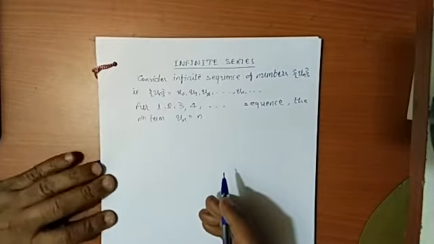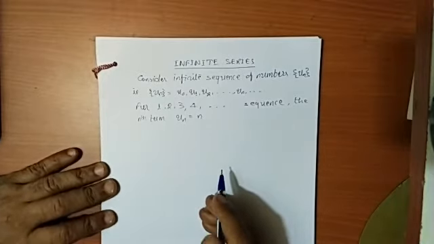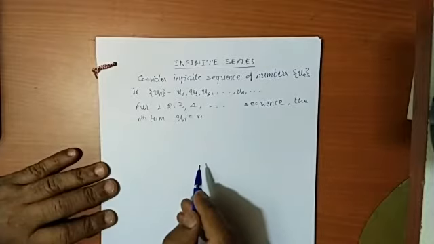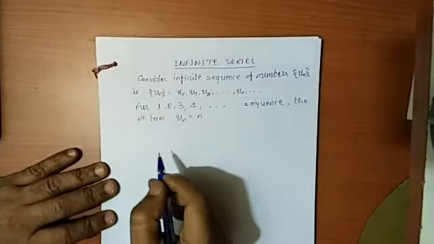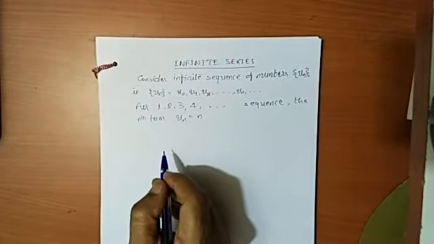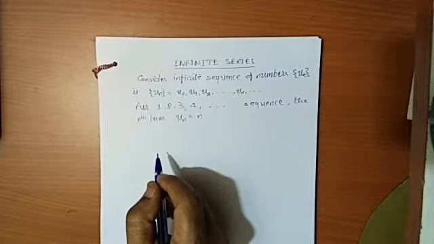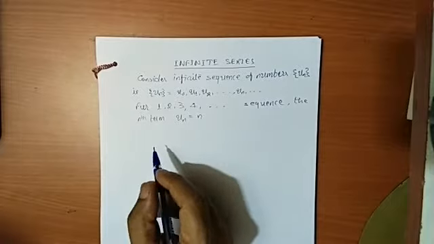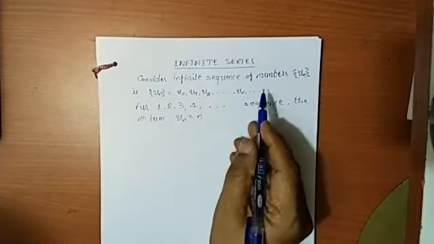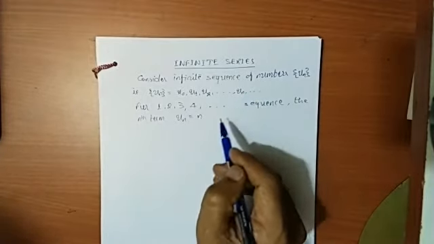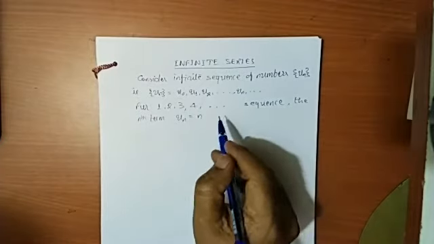There you have studied the sum to n terms, and that also plays an important role here. In this infinite series, if the series is divergent, that is, the numbers go on increasing, then it will not be of any use for us.